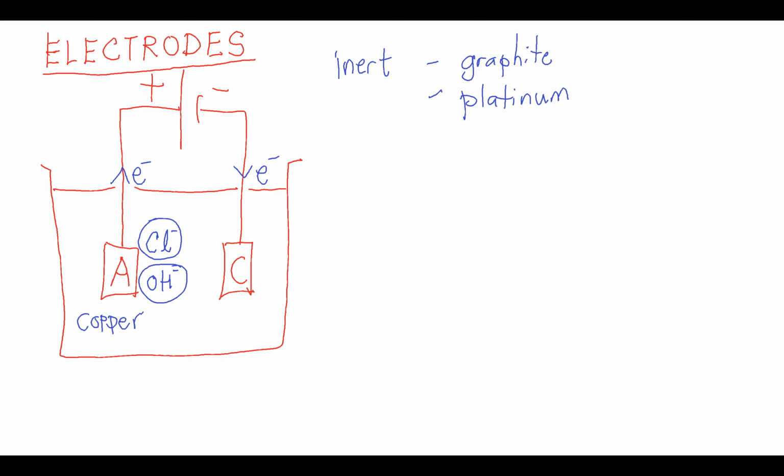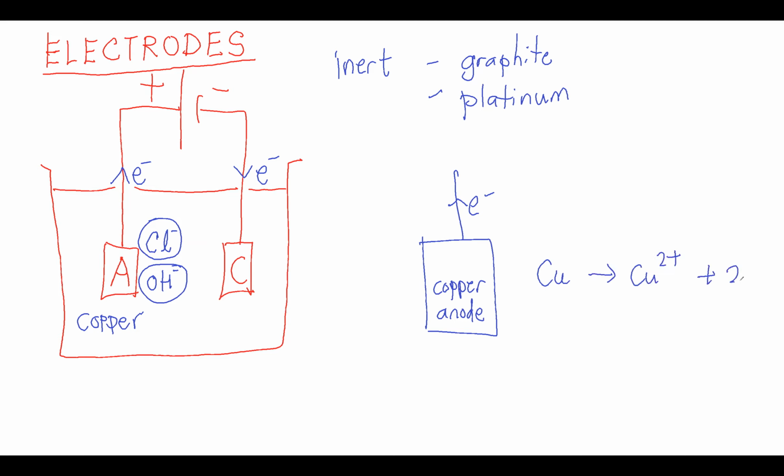However, if you were to use copper as the electrode, or rather if you use copper as the anode, then something else can happen, because copper can react. Copper can be oxidized, and when copper gets oxidized into copper ion, electrons will be released.